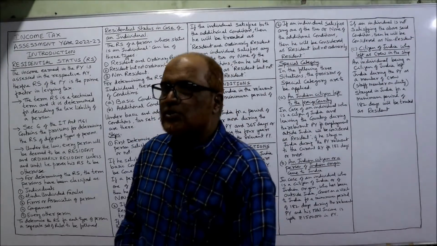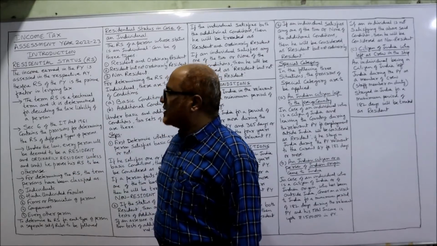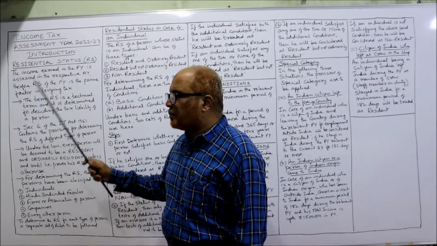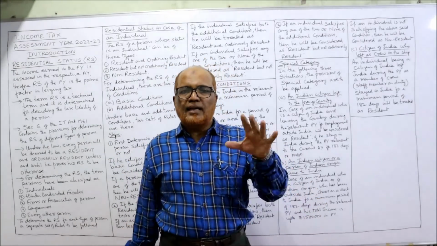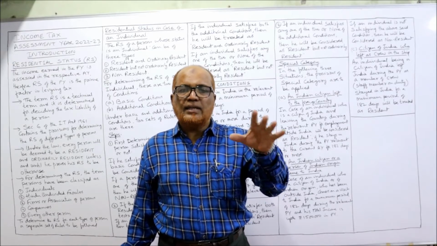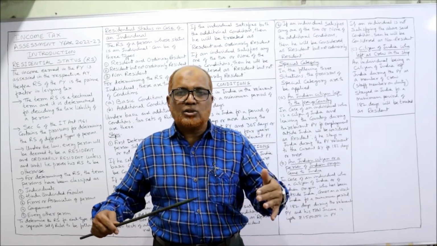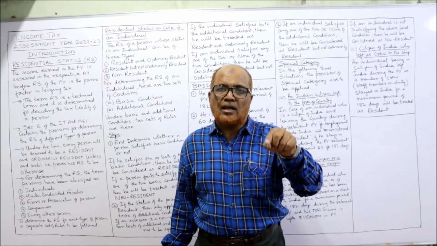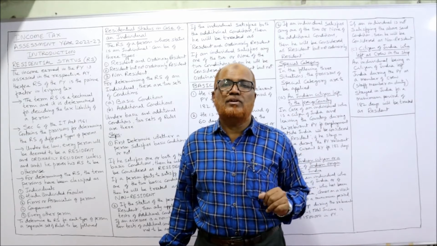Now I am going to start. The income earned in the previous year is assessed to tax in the respective assessment year. Therefore, residential status for the previous year is the prime factor in levying the tax. So what it says, the income tax is levied on the income earned in the previous year and assessed to tax in the assessment year based on the residential status of the assessee during the previous year.